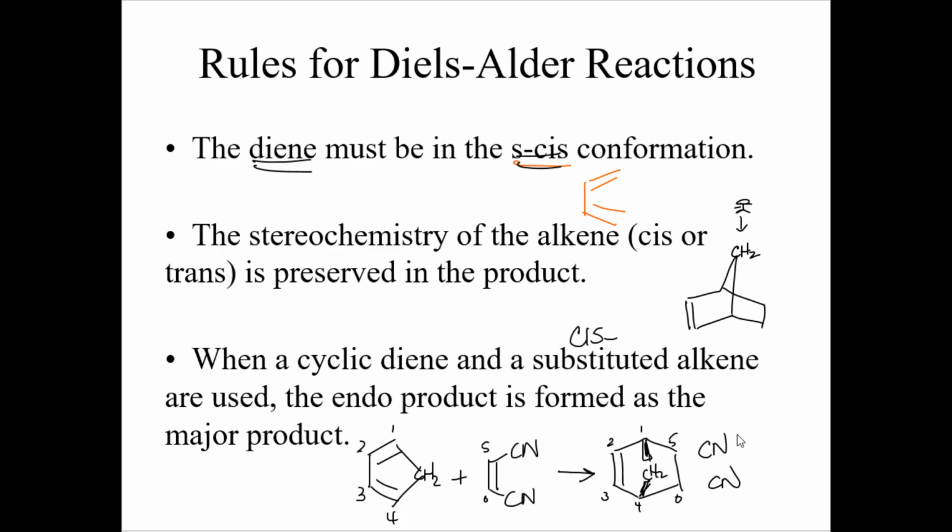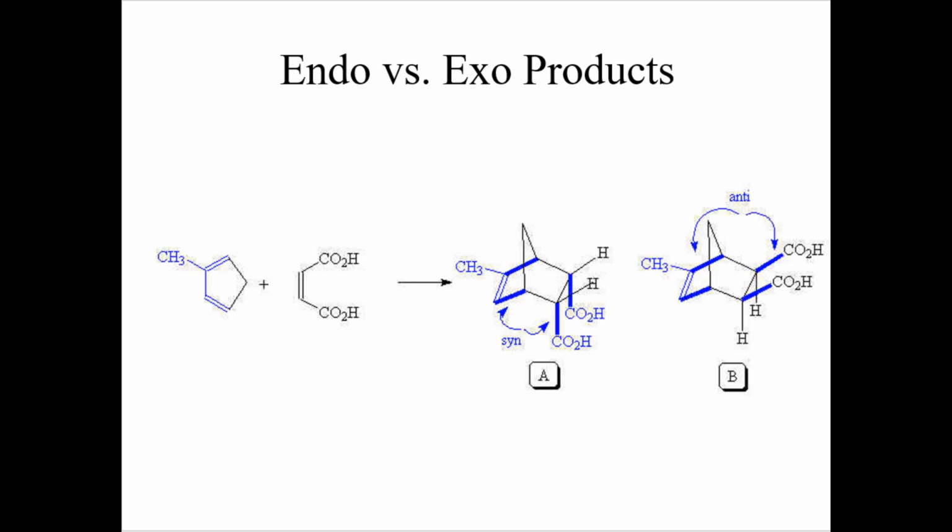But the question is, are they in these positions or are they in these positions? Are they in either one of those two positions? And the quantum mechanical rules say that they will always form what is called the endo product.